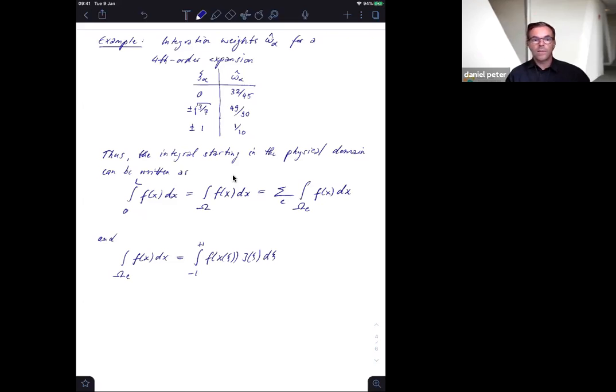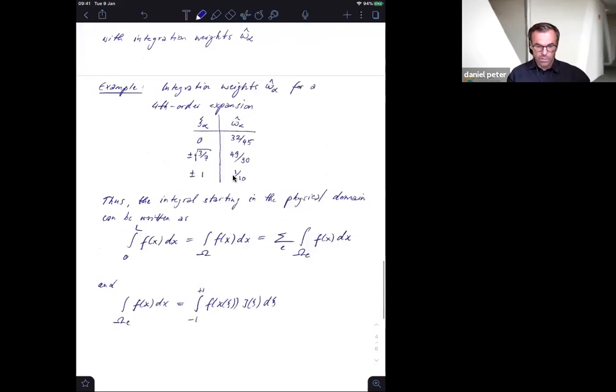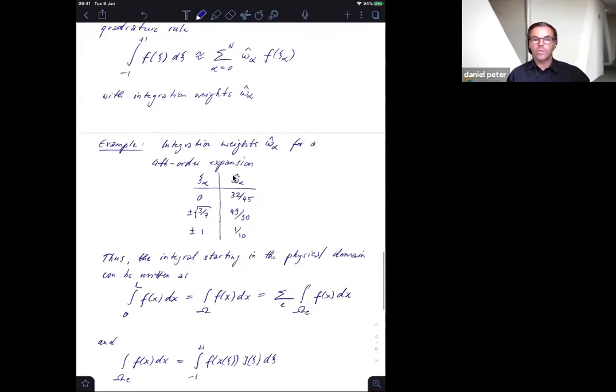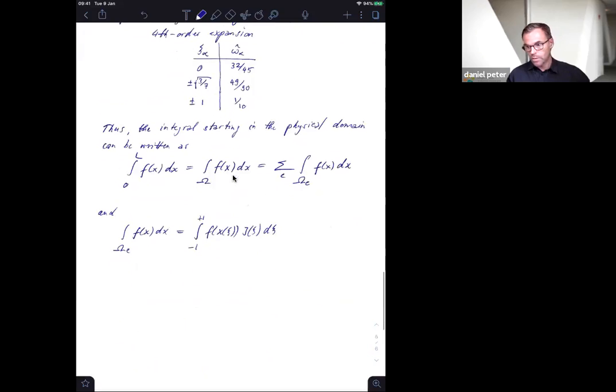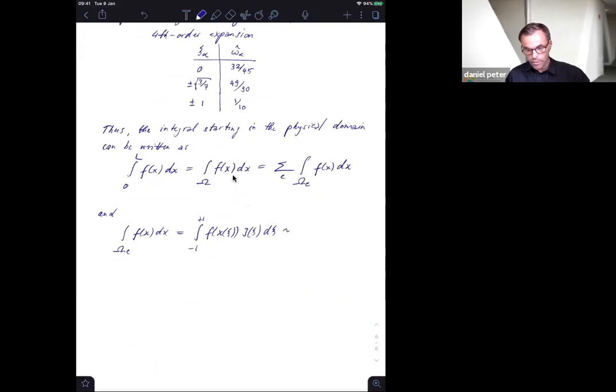And now these integrals will be evaluated using the quadrature rule, which approximates this integral as the sum over alpha, using the quadrature weights, these integration weights, omega alpha.